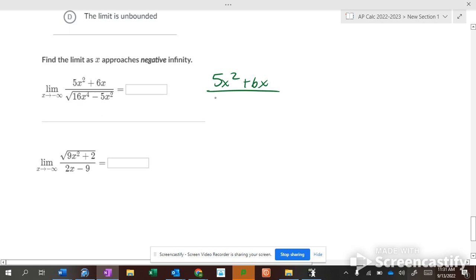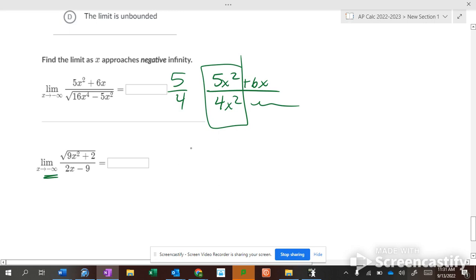And the other part we don't even worry about because we're just worried about the highest powers of each. Since these are the same power, what's the limit? 5/4. And since it's an even power, if we're going towards negative infinity, that just makes it positive. But if we have an odd power and we're going towards negative infinity, then it changes the sign.